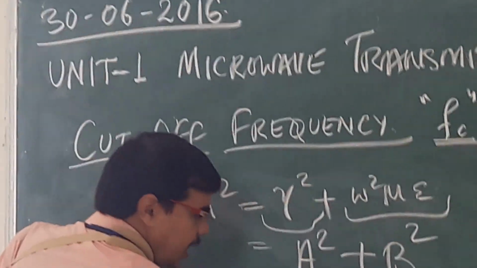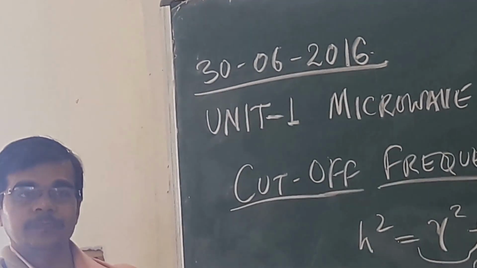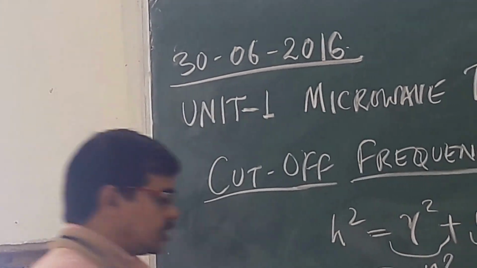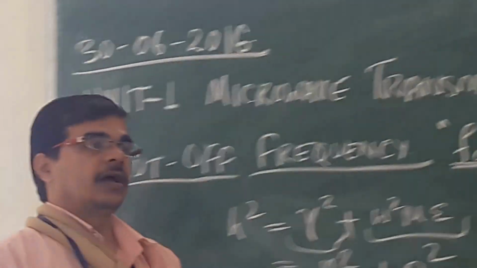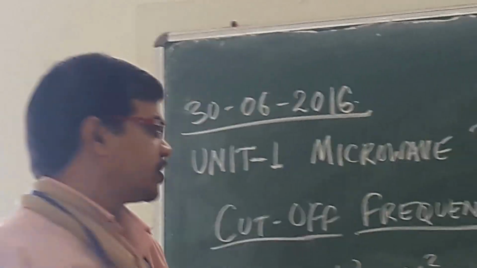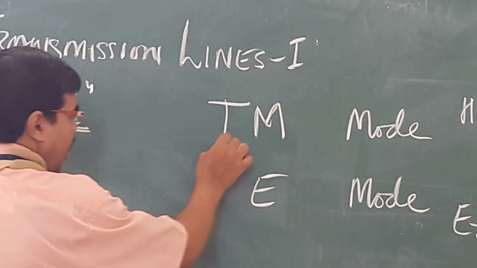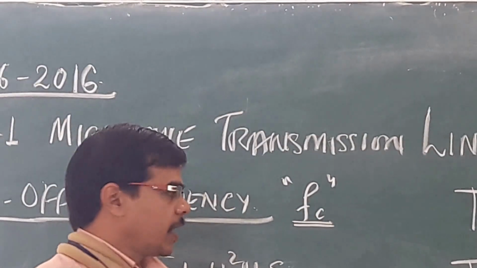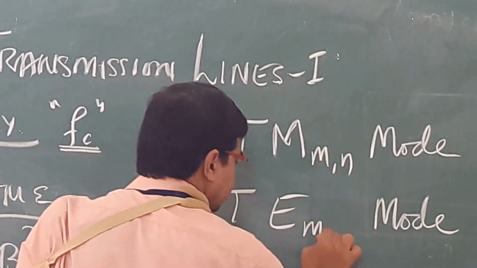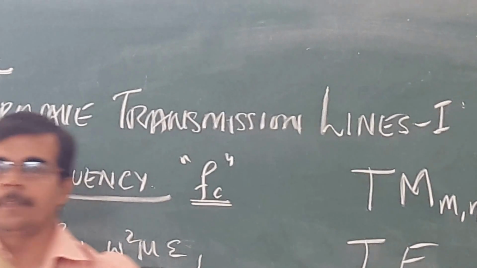Now what is this your A and B? In order to have the complete information, we have to put transverse magnetic mn mode and transverse electric mn mode.